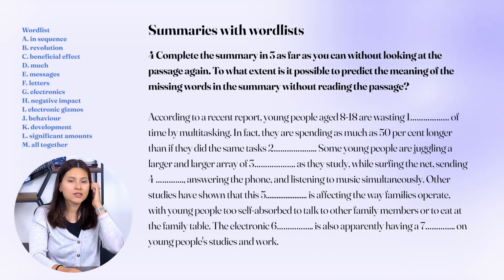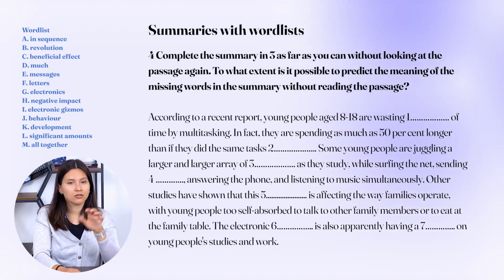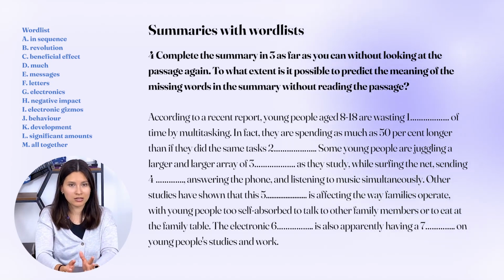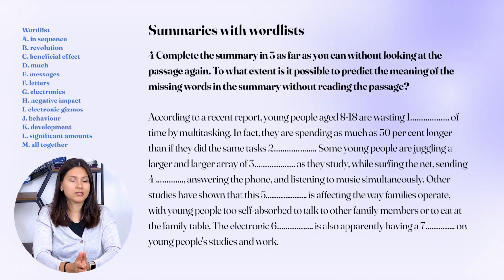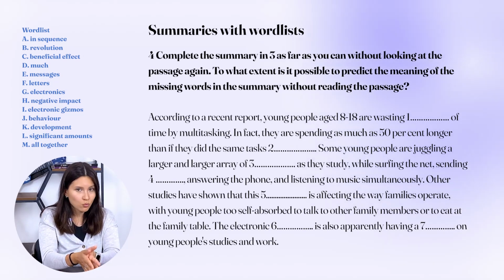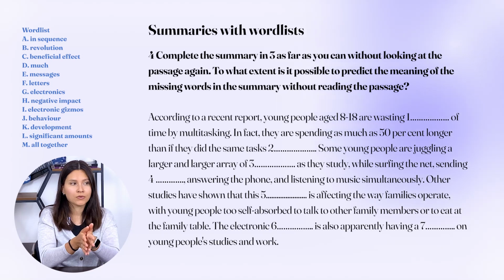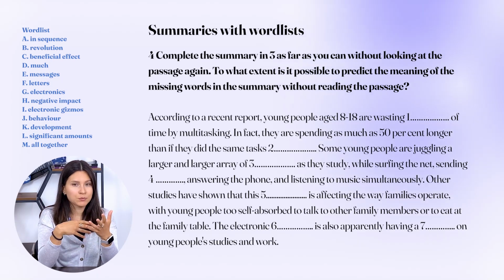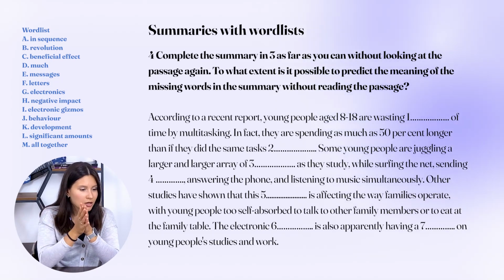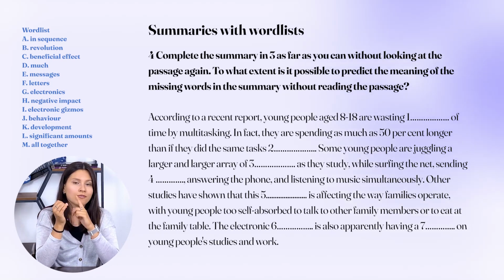So in the first sentence, they mention multitasking. You should know by now that multitasking means doing multiple things at the same time, right? So instead of focusing on one thing, you spread the attention, you scatter your attention over different tasks. So in this case, probably they are referring to the opposite of multitasking. Okay, so 3, 4, 5, and 6 are going to be nouns.